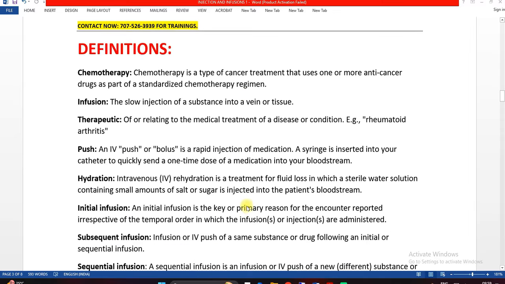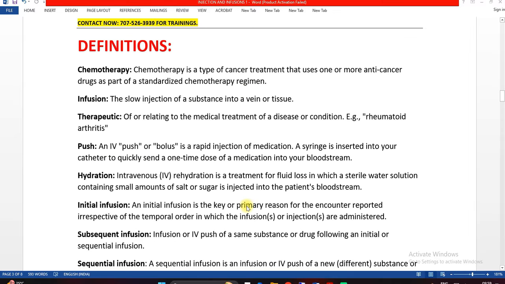First, we need to understand what is chemotherapy. Chemotherapy is a type of cancer treatment that uses one or more anti-cancer drugs as part of a standardized chemotherapy regimen. Most of the time, whenever we see chemotherapy in the documentation, the patient must be receiving chemotherapy for cancer conditions. Other than cancer, we can't code chemotherapy.